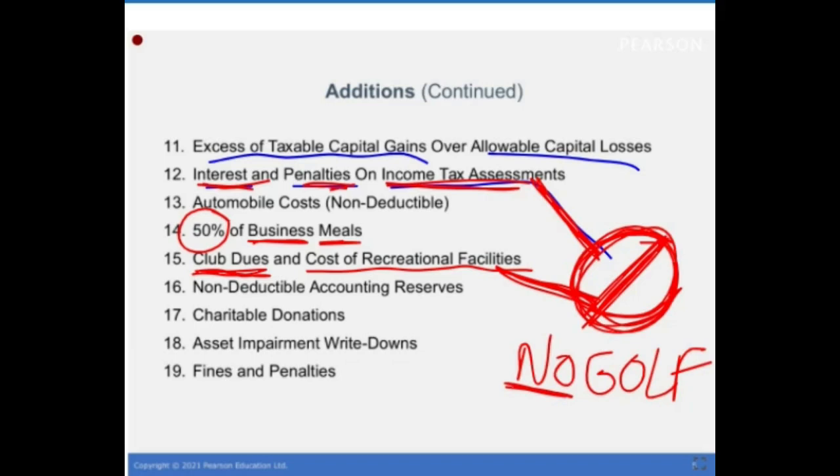Now that expense could be reported as an expense for your business and shown as an expense, reducing your net income for accounting purposes, for your financial statements. If your company says, we need this membership, we're going to pay for it, you're going to meet with potential clients there and so on, that can be an expense on your financial statements.